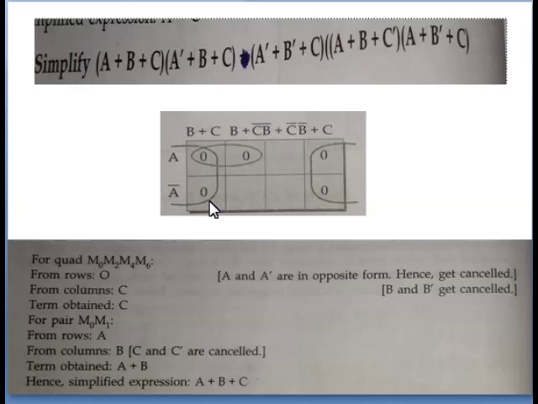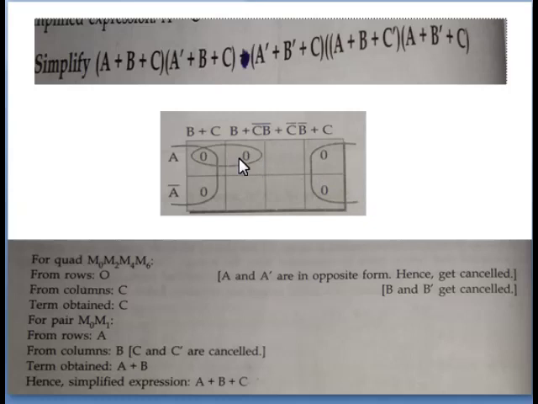No. So then we go for a quad. If we see the zeros here, 2 zeros are in this corner and 2 zeros are in this corner. When we fold the map vertically, these 2 corners join together. So we are able to make a quad here.